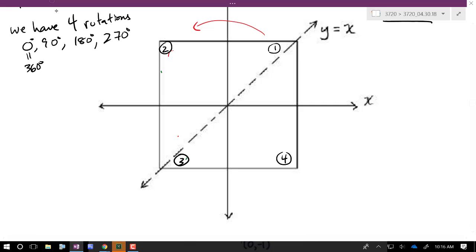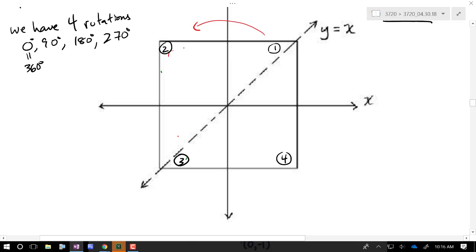If I flip, then the 1 and the 3 stayed where they were, but the 4 and the 2 swapped, right? What is an operation I can do that undoes that operation, that puts things back into the 1, 2, 3, 4 position? Just flip it again. Flip it again, yeah. So the flip is its own inverse.